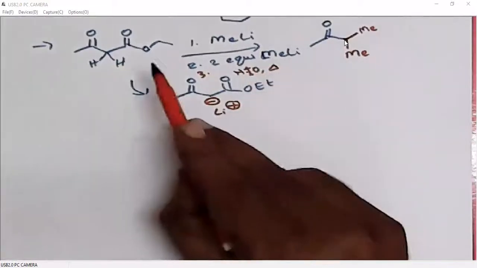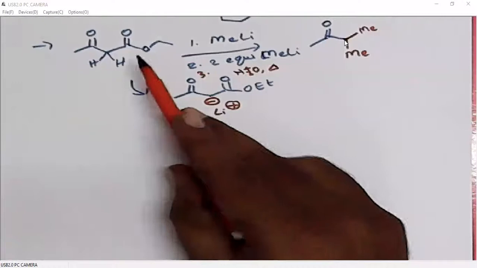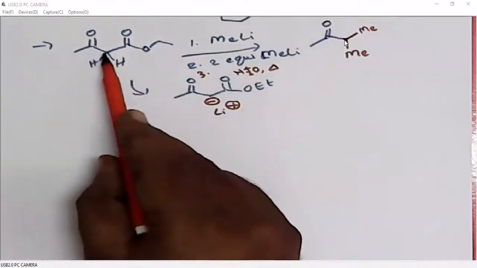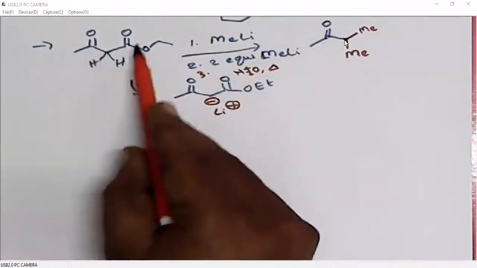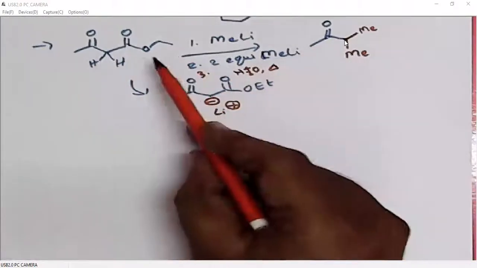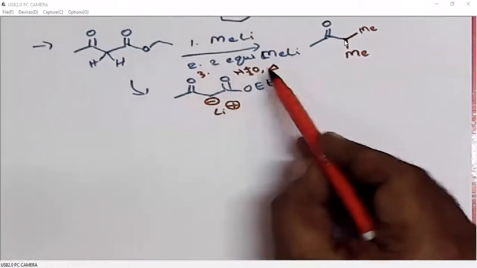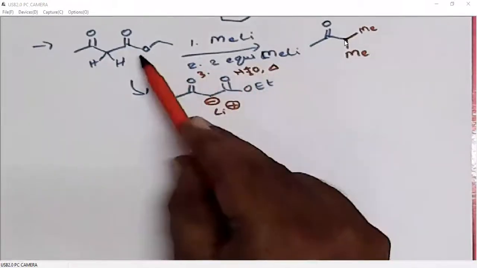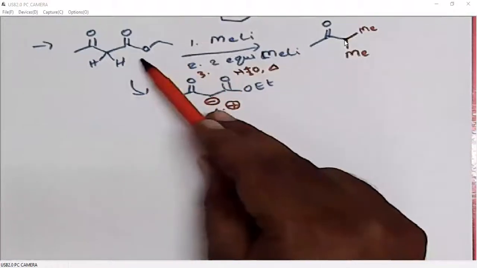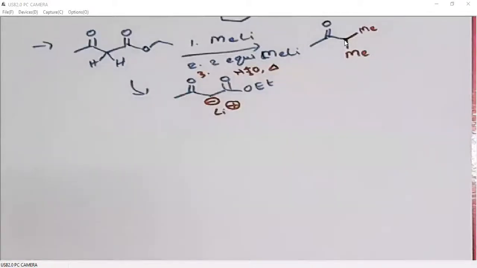When we do acidic hydrolysis, the ester will be converted to a carboxylic acid, and because we have a carbonyl group and an ester group on the same carbon, we can decarboxylate easily by heating it. So when we hydrolyze it, the ester will be converted to a carboxylic acid, and that will undergo decarboxylation to generate this product.